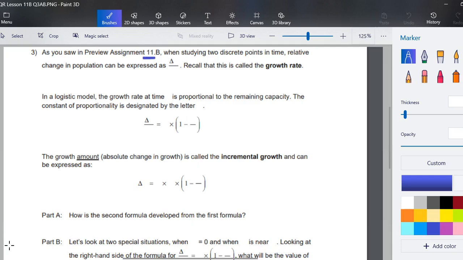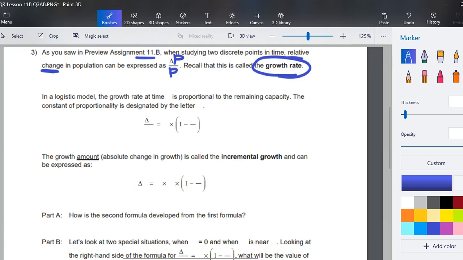As you saw in preview 11b, when studying two discrete points in time, relative change in a population can be expressed as the change in the population over an original population, and this is called the growth rate.